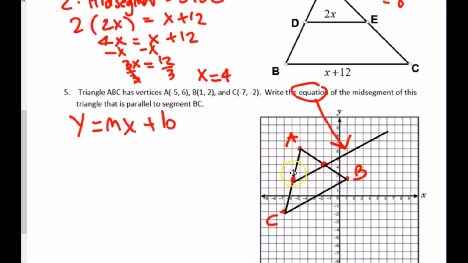How much does it rise? 2. How much does it run? 4. 2 over 4 reduces to 1/2 x. And then plus b. What does b stand for? Where does it cross the y-axis? At 5. So 1/2 x plus 5 is the equation of my midsegment parallel to BC.